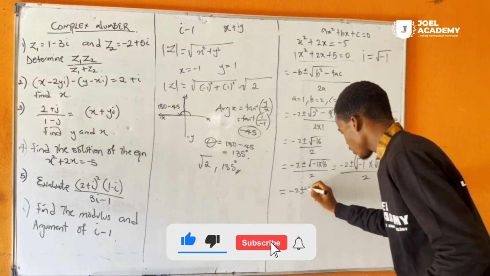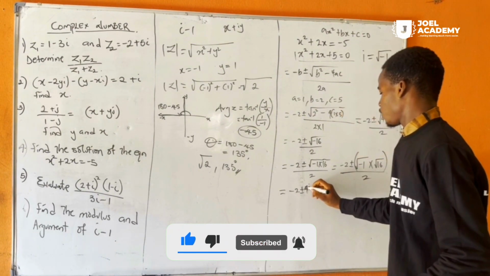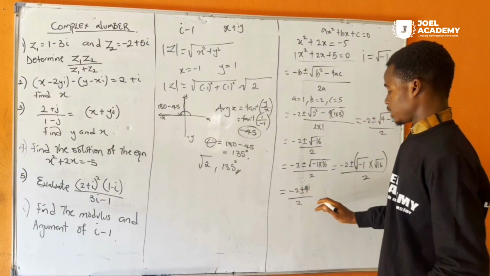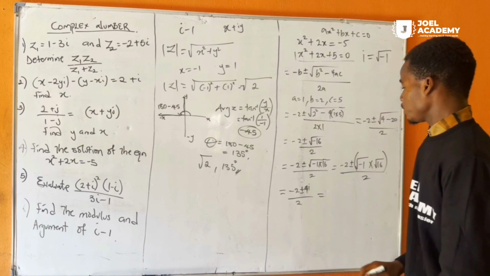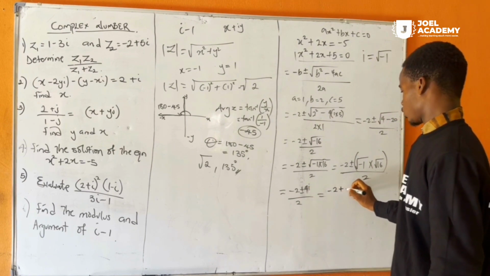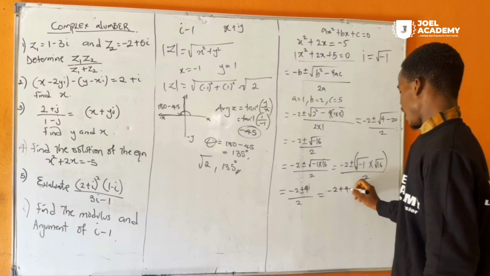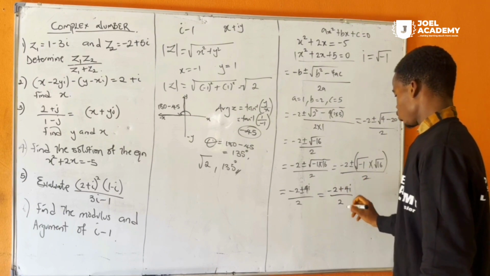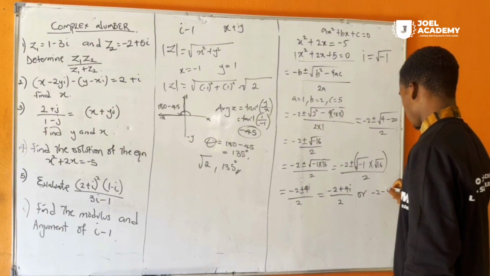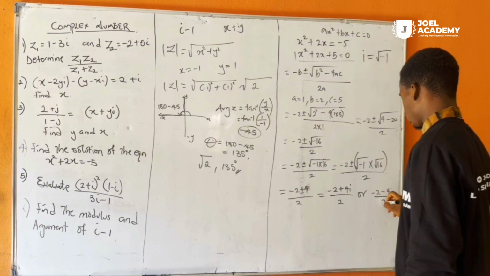So we'll be having 4i. Dividing all through by 2, we have minus 2 plus 4i over 2, or minus 2 minus 4i over 2.